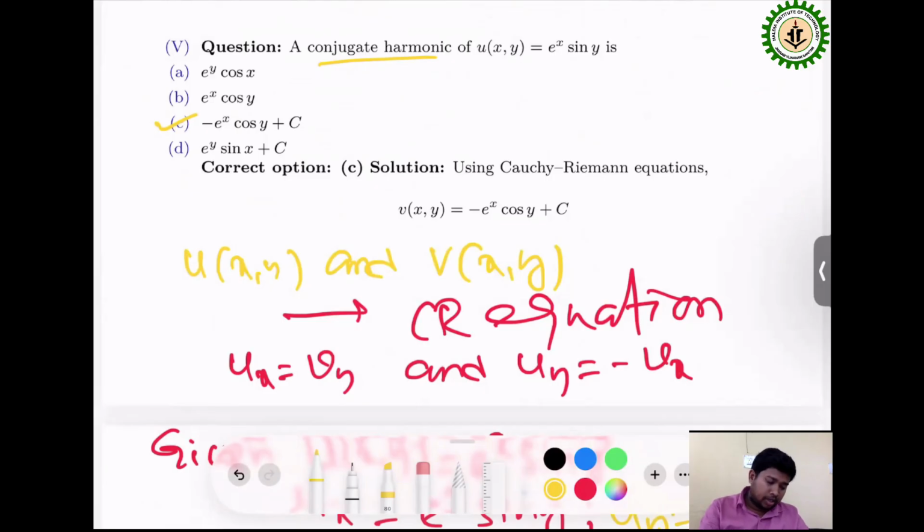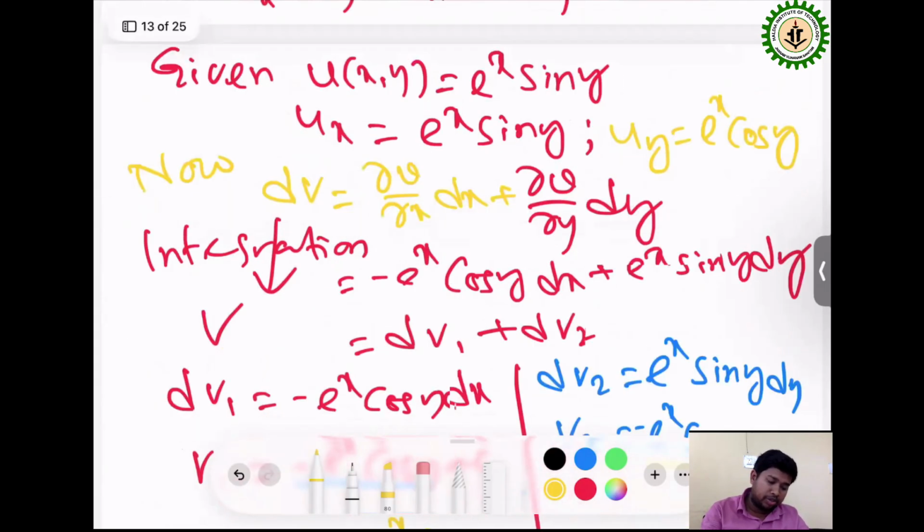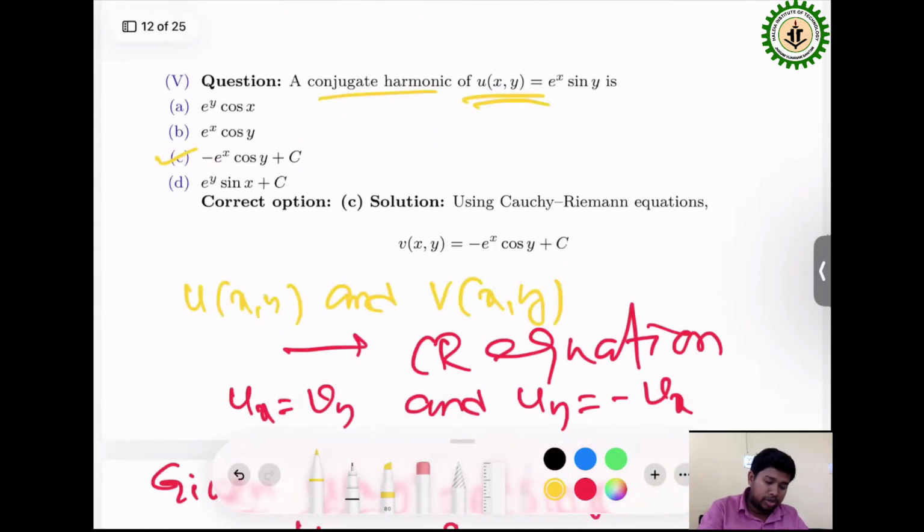In this question, you can also solve it using the Milne-Thomson method. You can apply this method to this type of question when u is given.